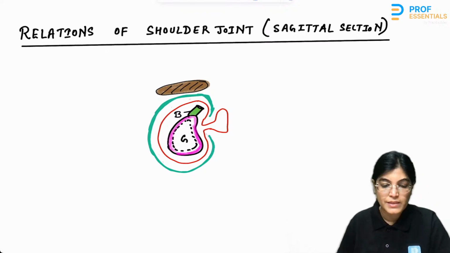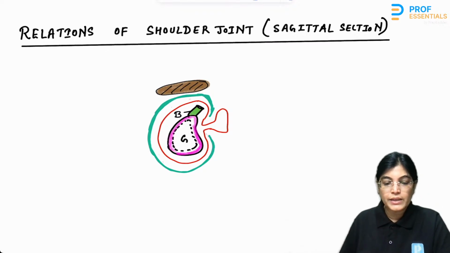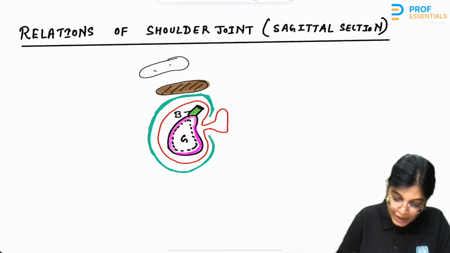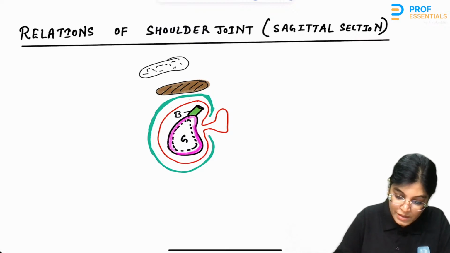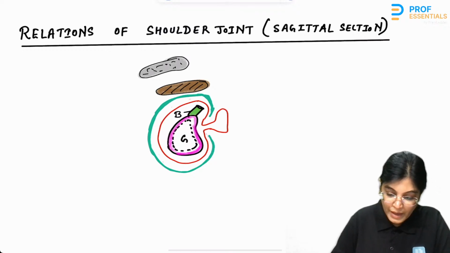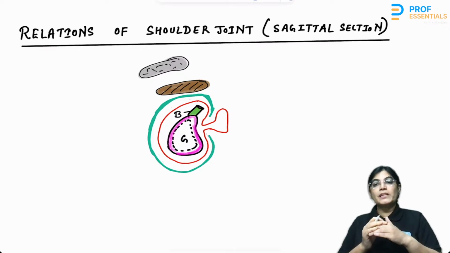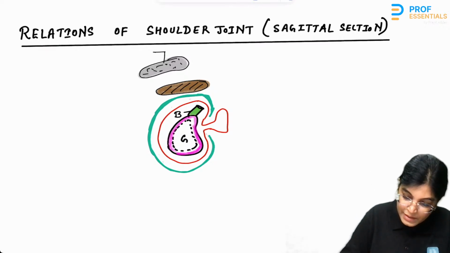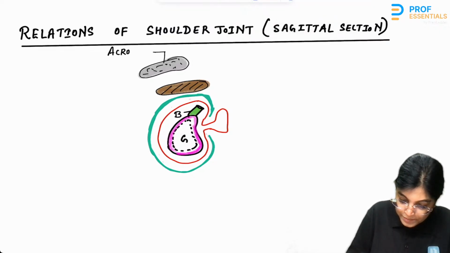Above it, we will draw the cut part of the acromial process. Label it here itself so that there is no doubt: this is the acromial process of the scapula.